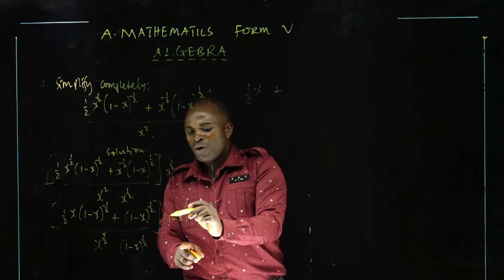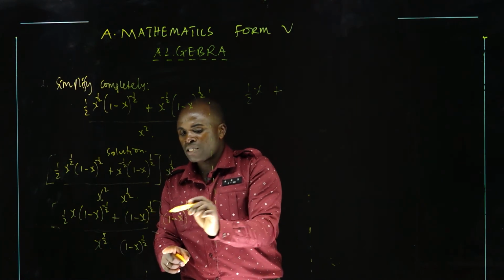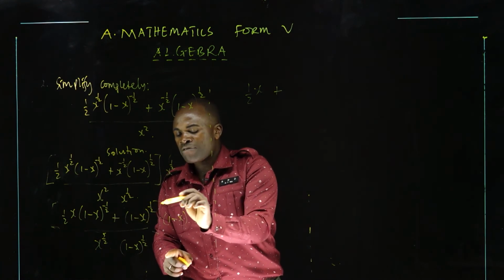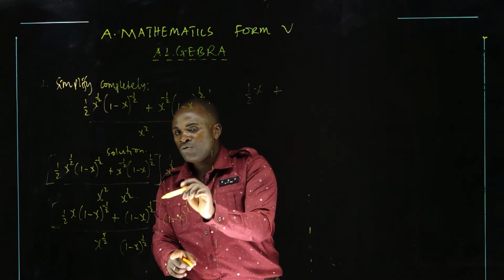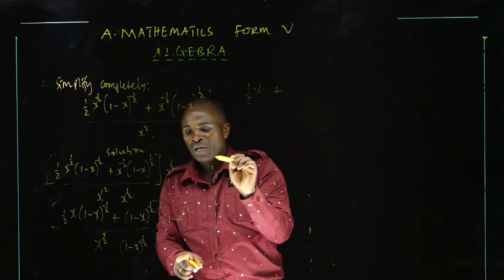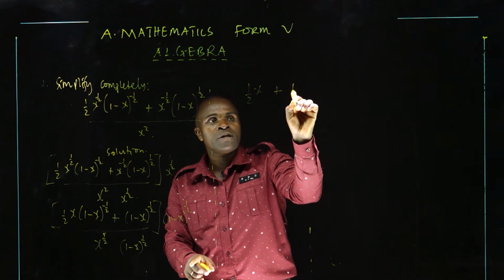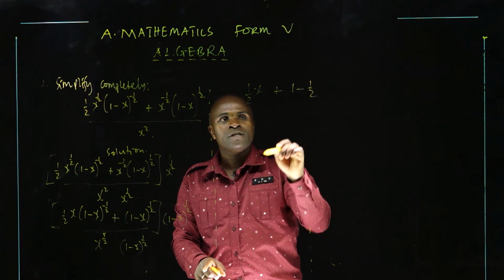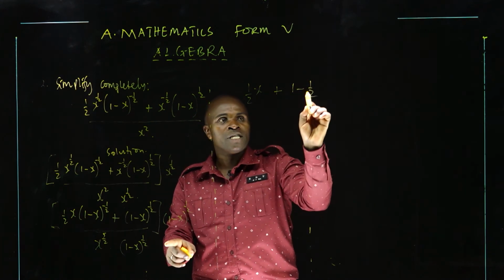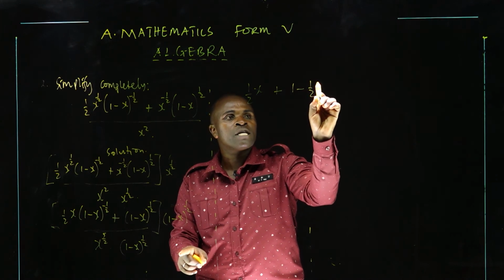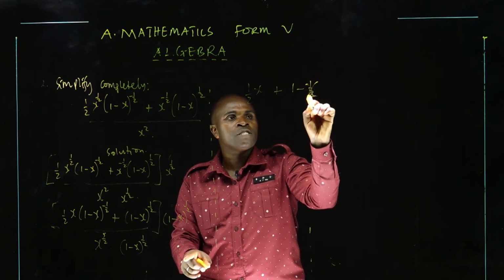Now we are going to have 1 minus x times 1 minus x. So power half, you will take a half plus a half, which is positive 1. So it will remain as 1 minus x. 1 minus x, very good. This is 1 minus what? Minus x, put x here.